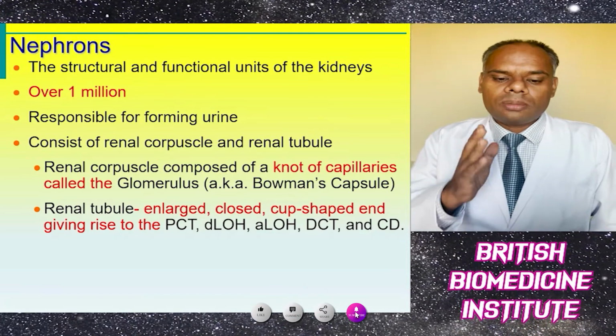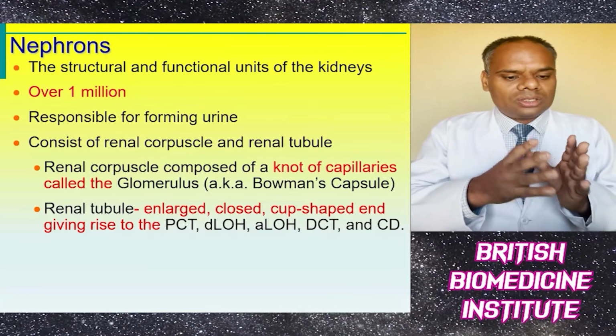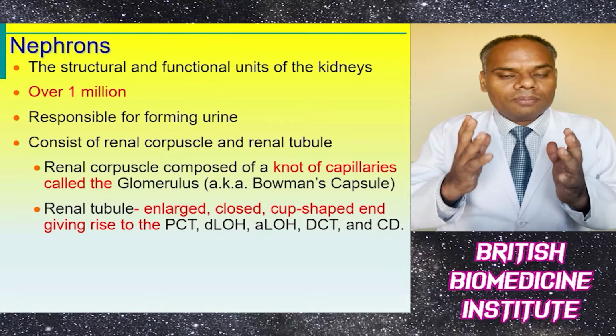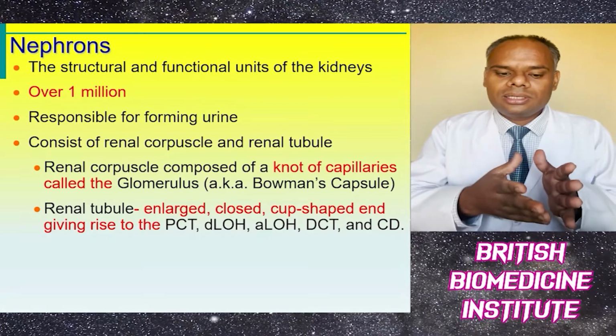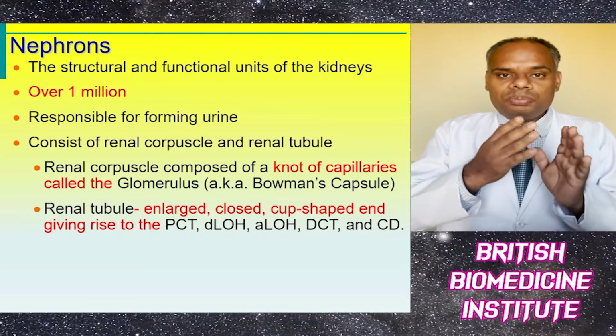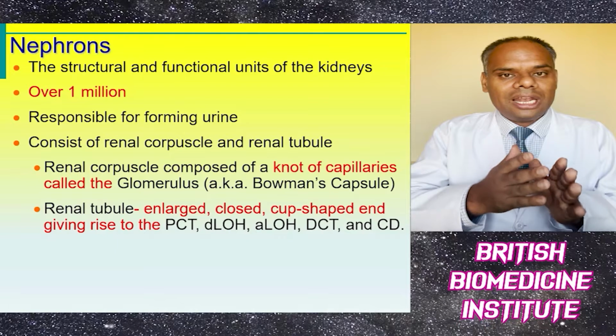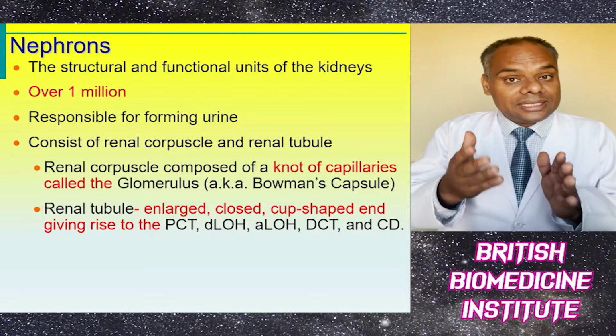The renal capsule is composed of a knot of capillaries known as the glomerulus, or we can say Bowman's capsule. Renal tubules are enlarged, closed cup-shaped, giving rise to the PCT, DLOH, ALOH, DCT, and CD.